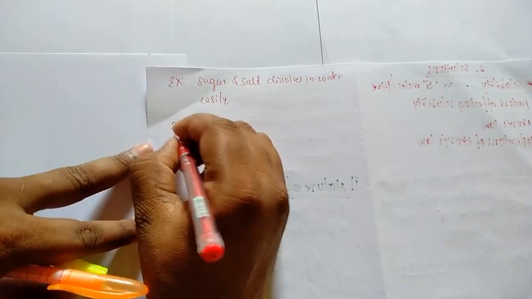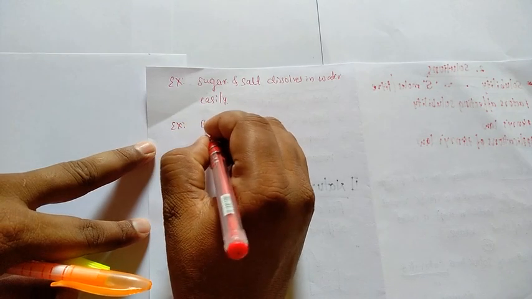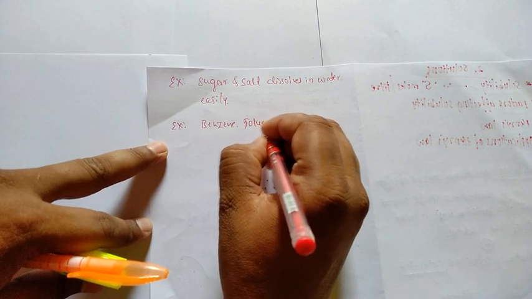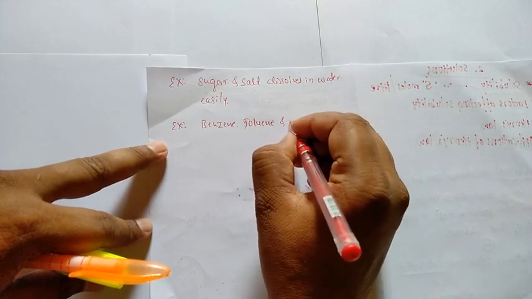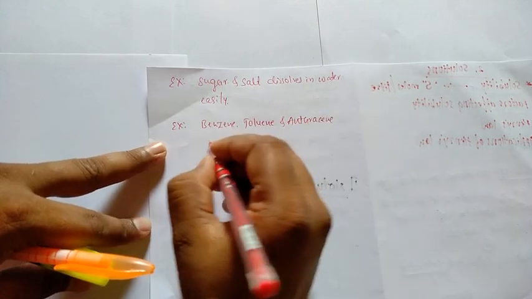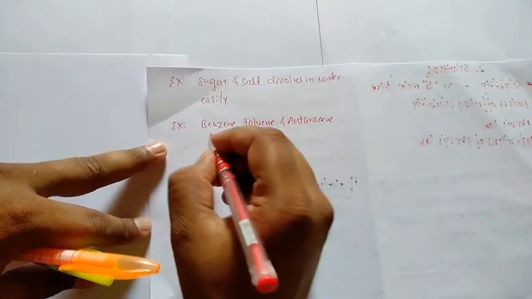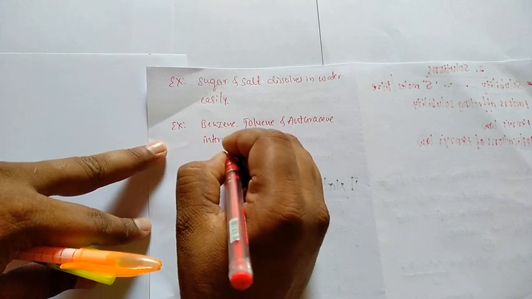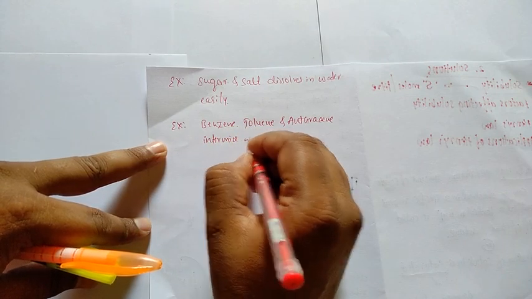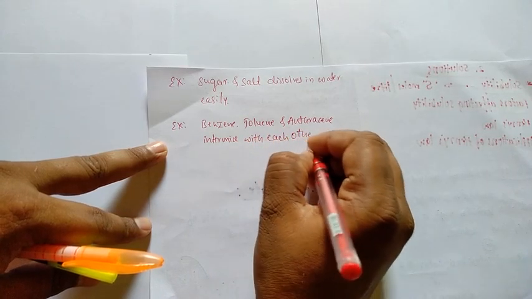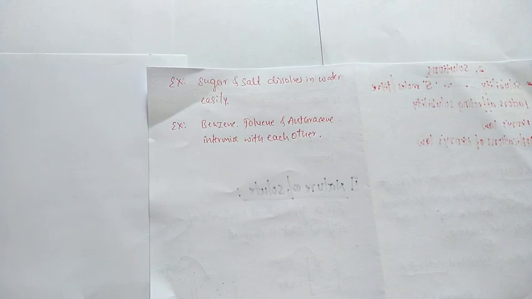And one more example: benzene, toluene and anthracene easily intermix with each other. So these are the factors affecting the solubility.